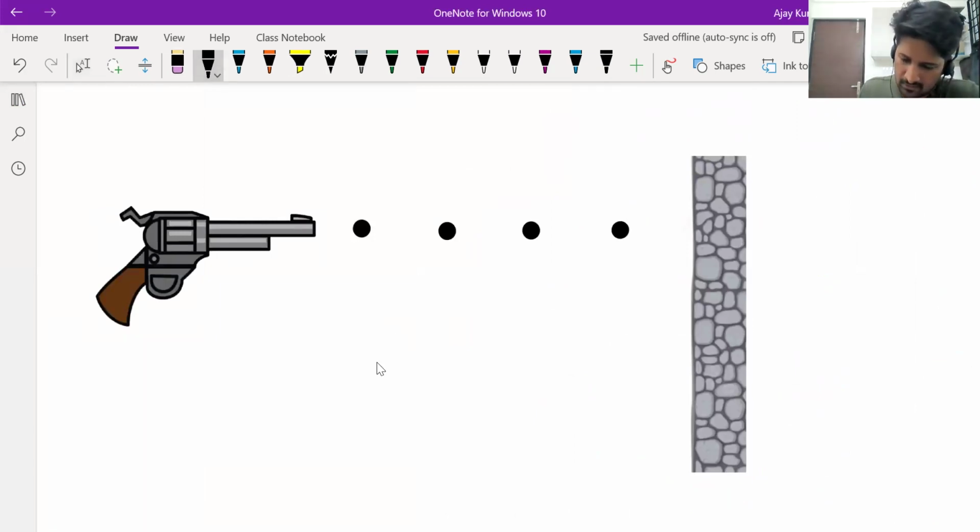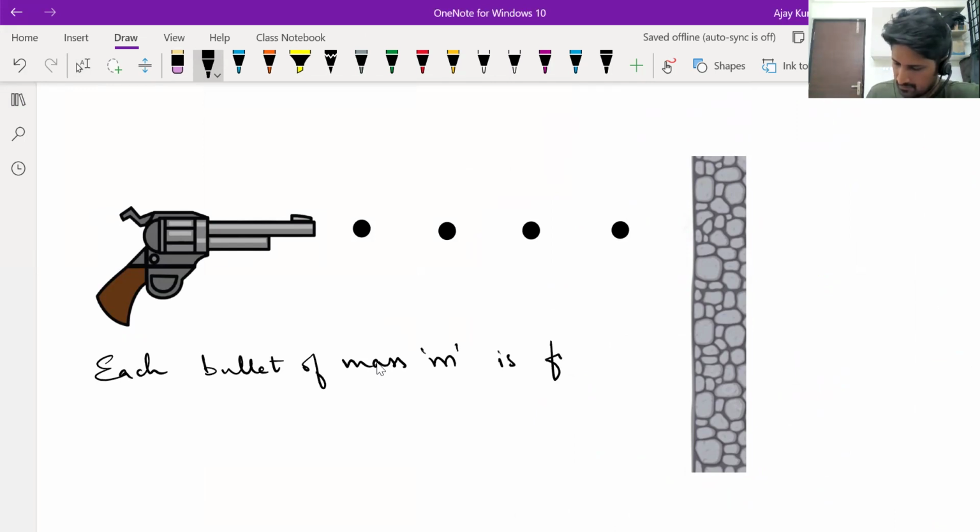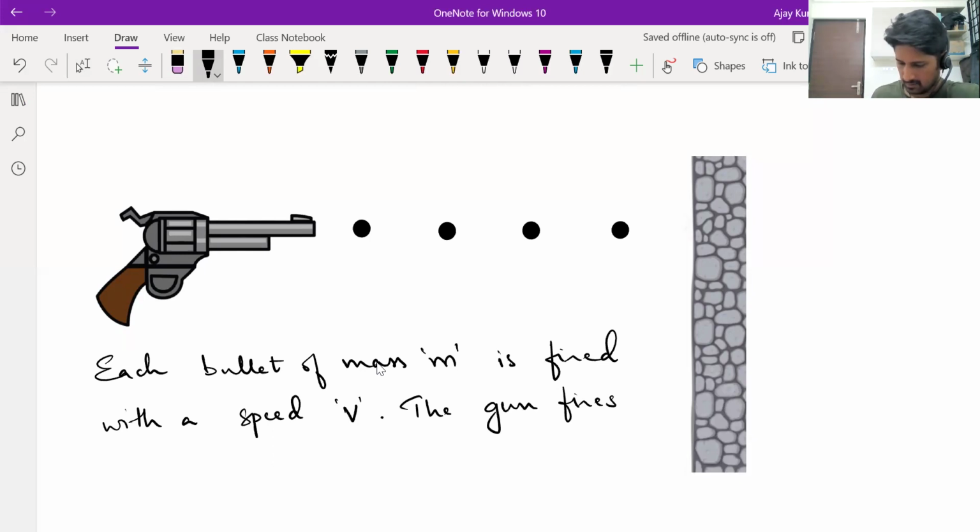Each bullet of mass m is fired with a speed v, and the gun fires n bullets per second.